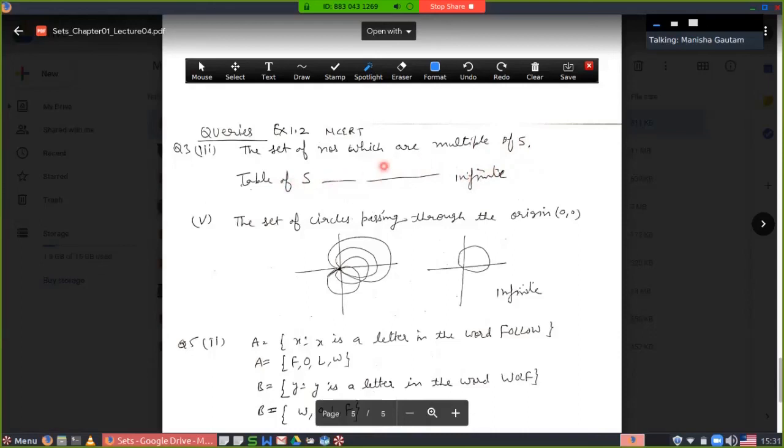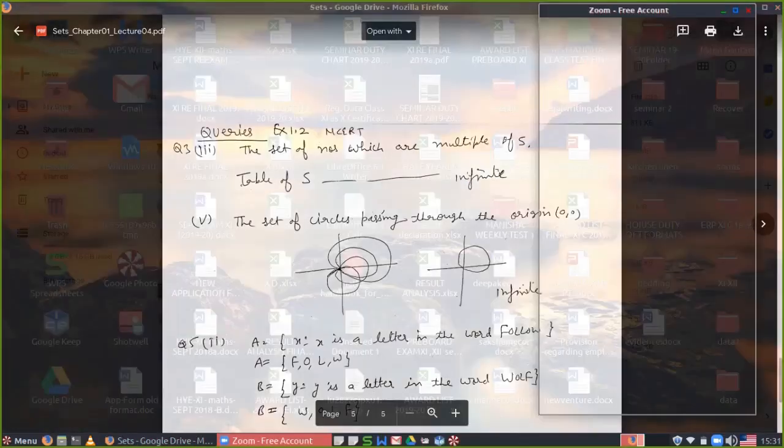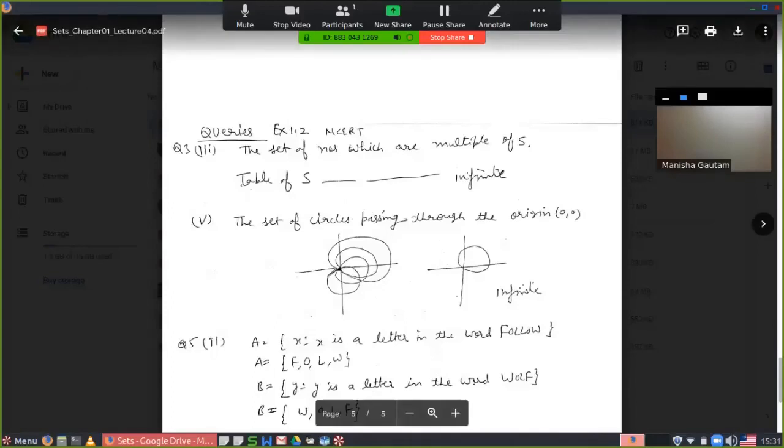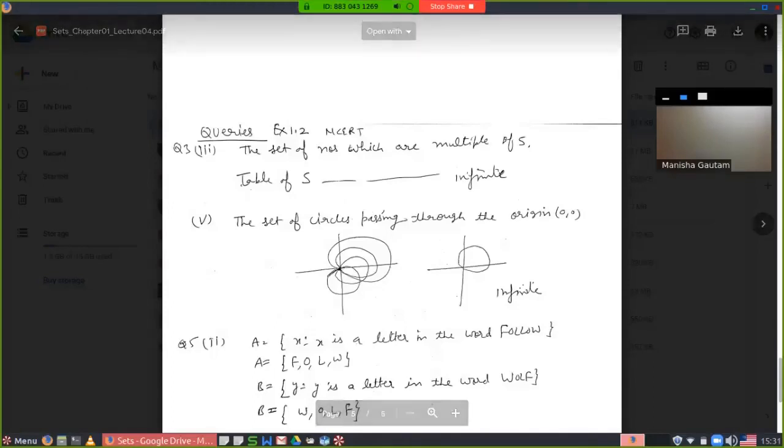So the set of numbers which are multiples of 5 is infinite. Next, a set of circles passing through the origin.